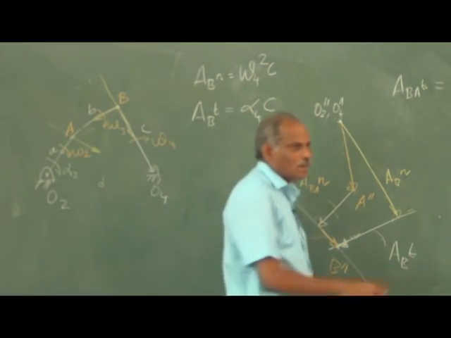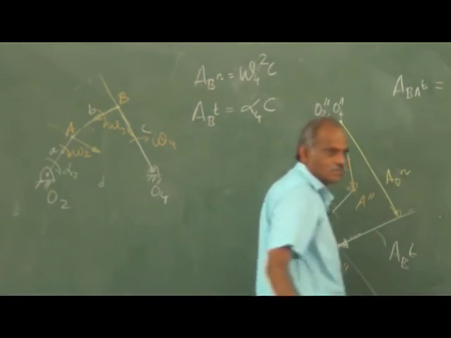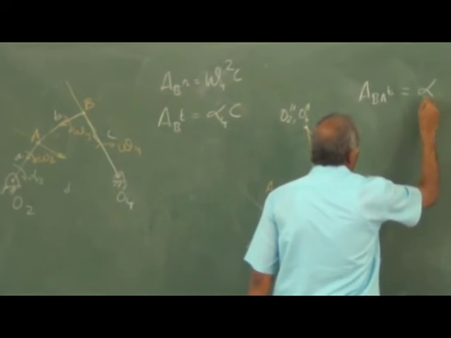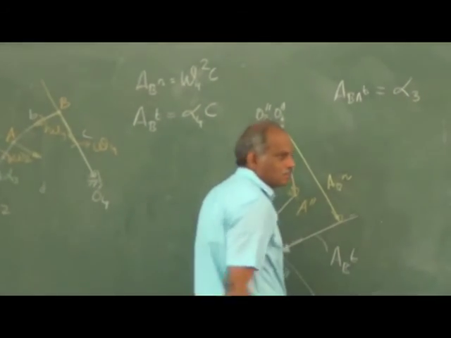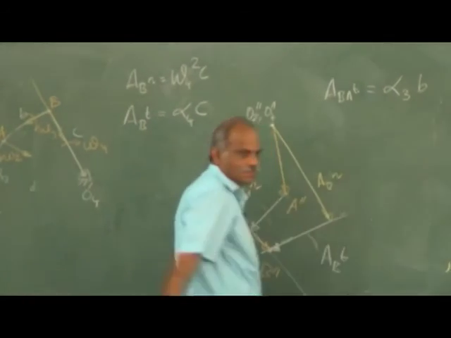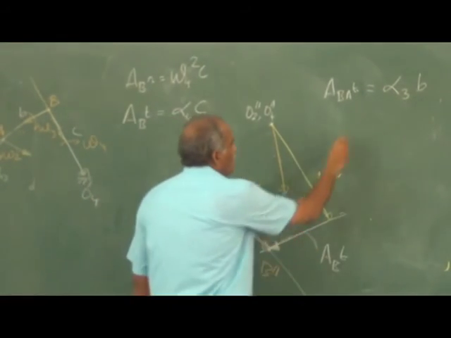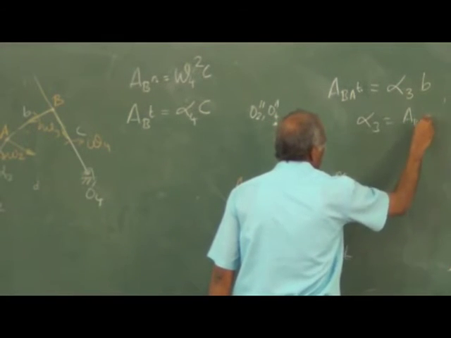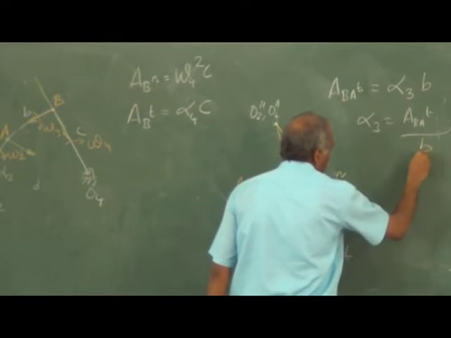Use a scale and find out this value. So this value is nothing but alpha 3 times B. So your alpha 3 will be given by acceleration of B with respect to A tangential component divided by B.